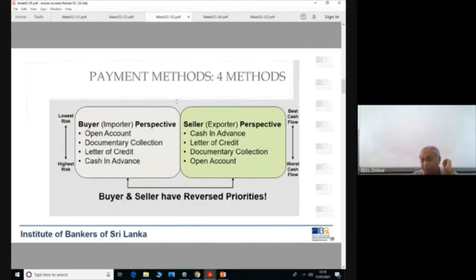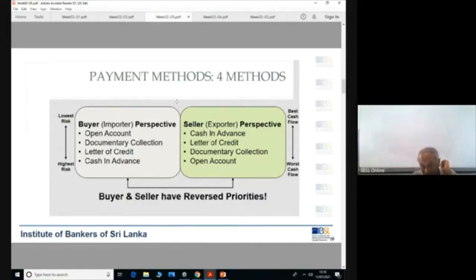Then letter of credit comes next. Documentary collection is third. The worst cash flow situation for the exporter is open account. So that shows buyer and seller have reversed priorities.